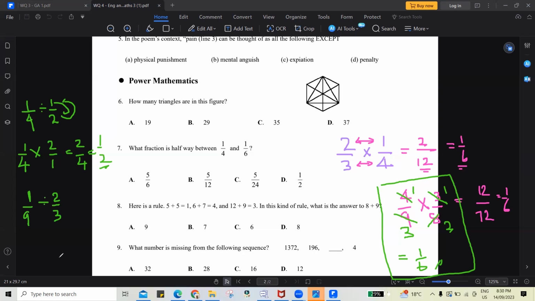Try 1/9 times 3 goes up, 2 goes down. 3/2. 3/18.